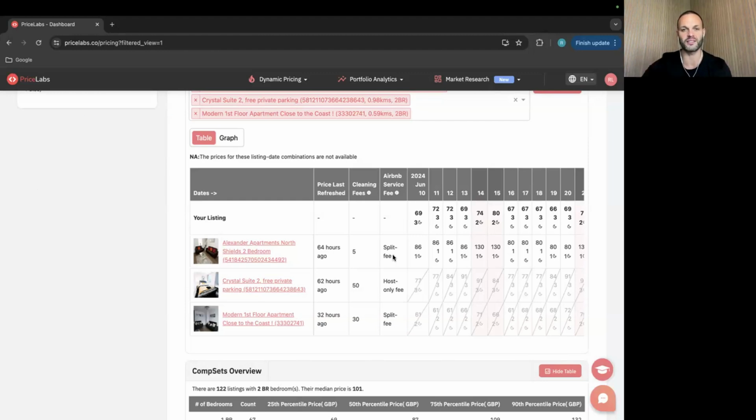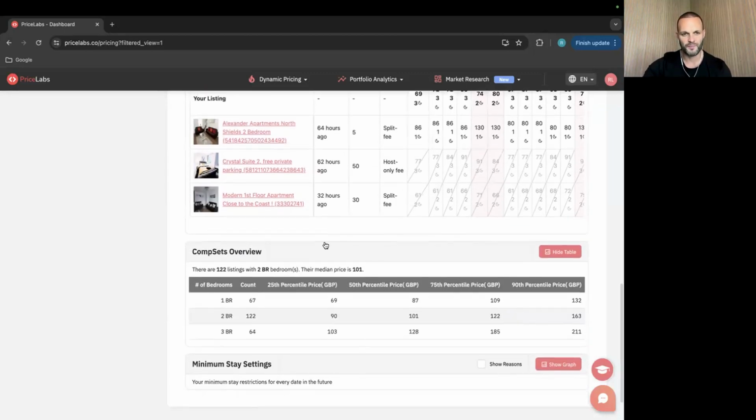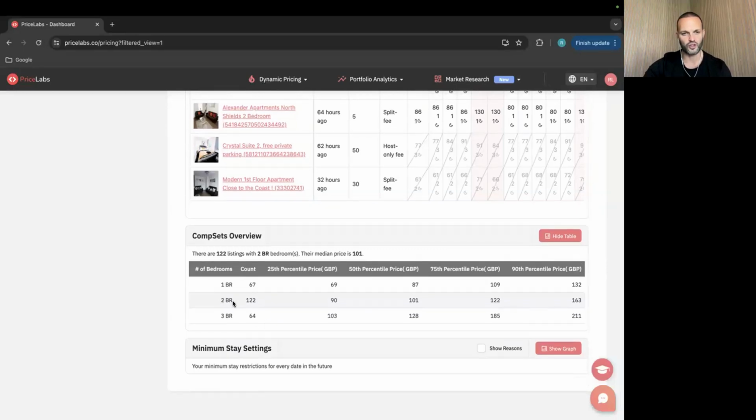And that for me is crucial to be able to maximize your profits when you are looking at using this data to either take new properties on or just manage the current properties that you've got and just try and maximize the percentages. The concept overview here just gives you a bit of an idea of 2 bedrooms, there's 122, 25% are 90, 101, 120. So it just gives you more and more information.